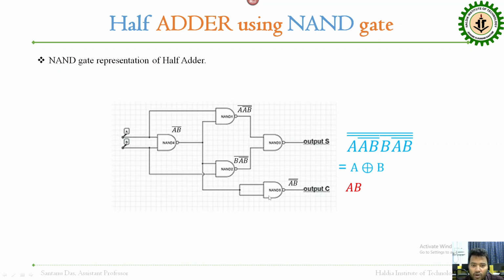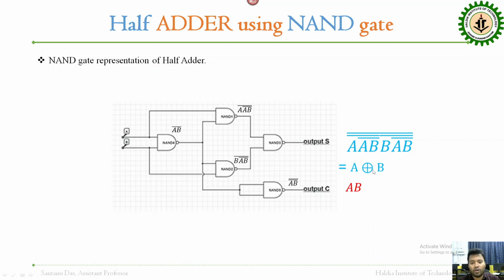We already know our carry is AB. So here we have AB bar, which is passing through this NAND gate, giving AB double bar. And we already know by the Boolean postulates that A double bar is equivalent to A, so this is equivalent to AB.